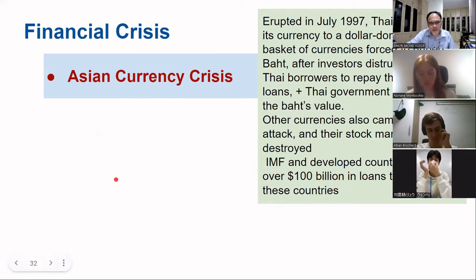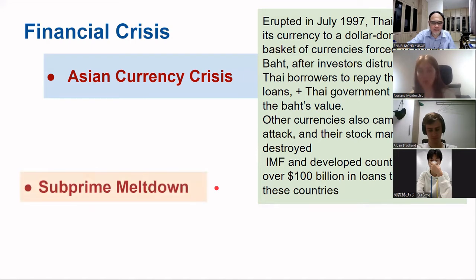Malaysia came out of the crisis. Not to say unscathed, but there were still a lot of problems. So you see here, IMF and developed countries pledged over 100 billion in loans to help restore these countries, and this is what happened to South Korea and the other countries.